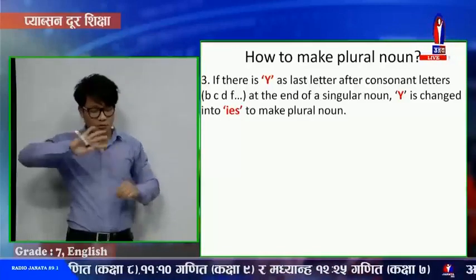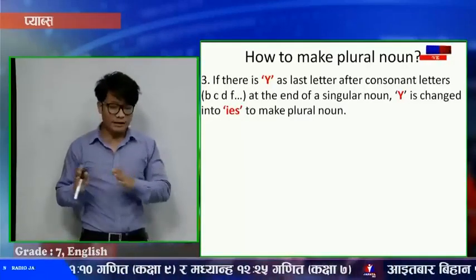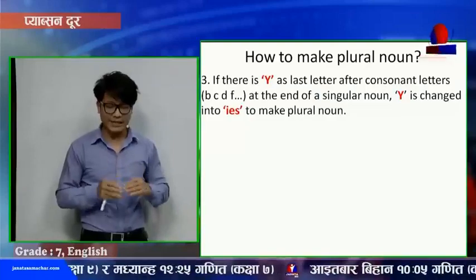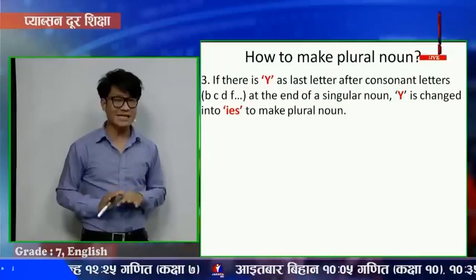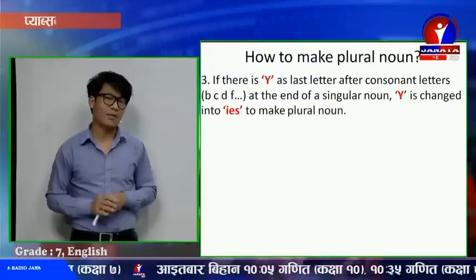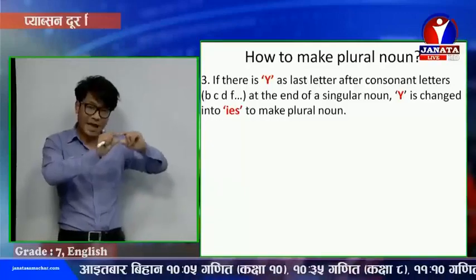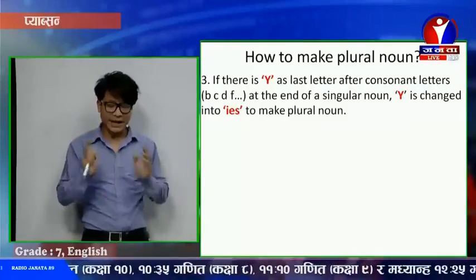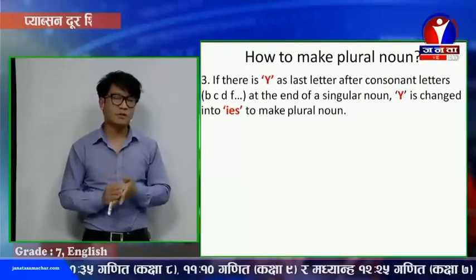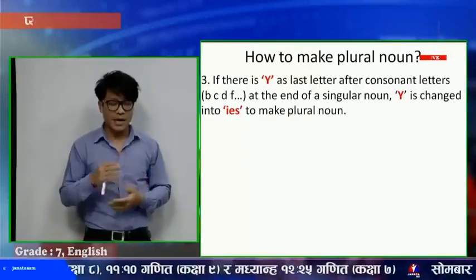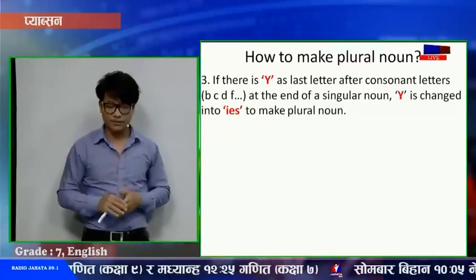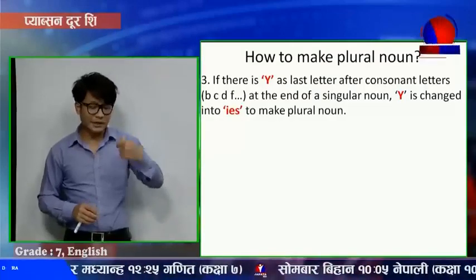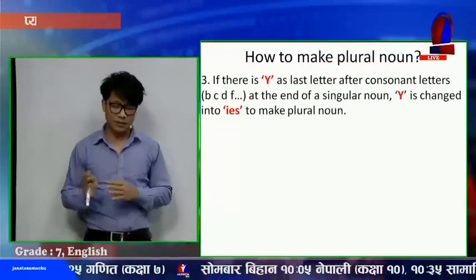So after a consonant letter, at the end of a singular noun, Y is changed into IES to make a plural noun. Let me say this rule again. If there is Y as the last letter after a consonant letter at the end of a singular noun, Y is changed into IES to make a plural noun.